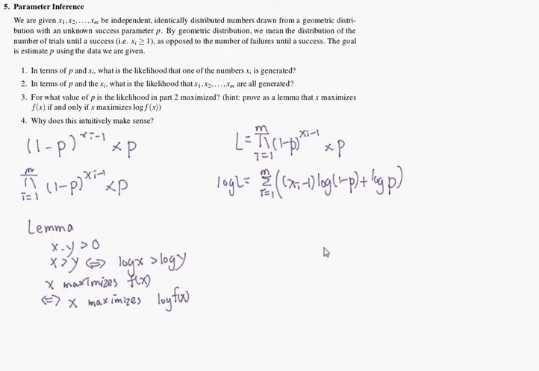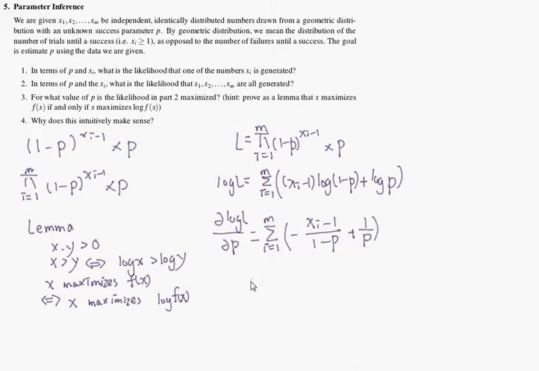To find the p that maximizes log L, we can calculate the first derivative. So it is d/dp, and it is the sum from 1 to m of minus (xi - 1) over (1 - p) plus 1 over p.